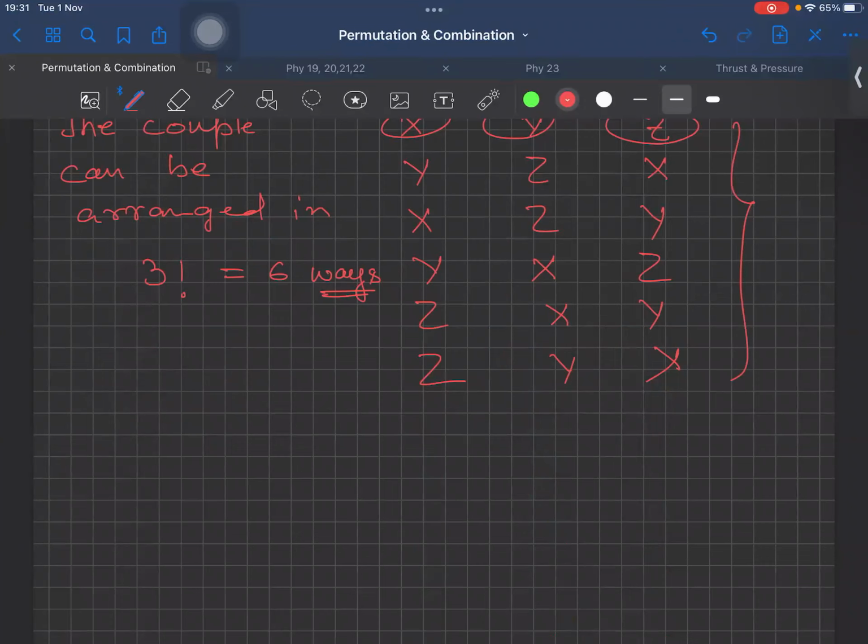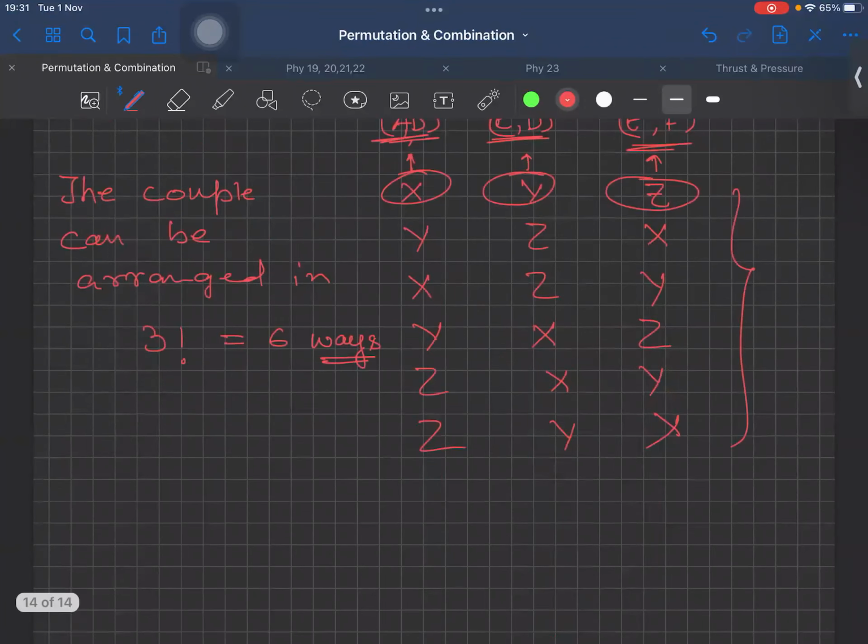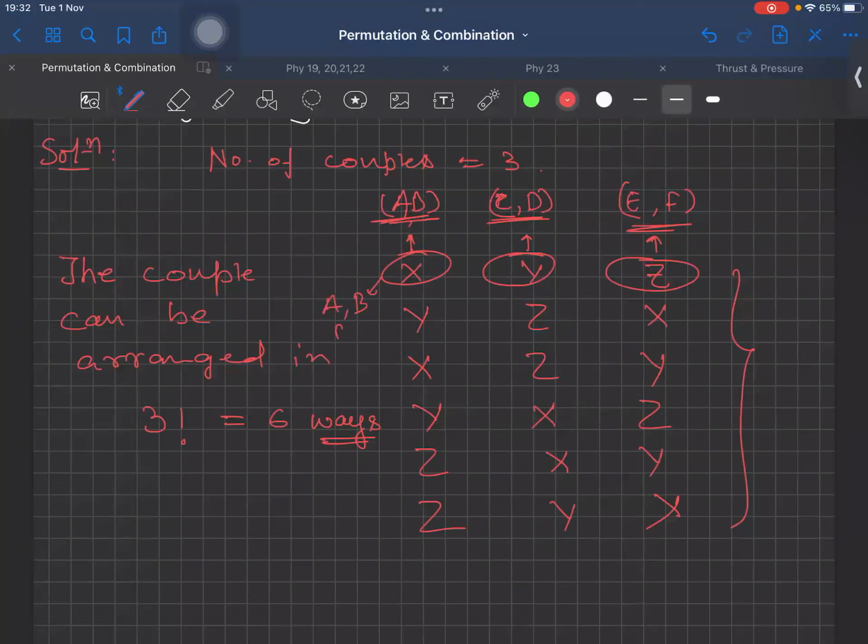Now, each couple has two people, a husband and a wife, or a girlfriend and a boyfriend. So A, B can be arranged in 2 factorial ways. See, when you are writing X, X can consist of either AB or BA, right? Isn't it?